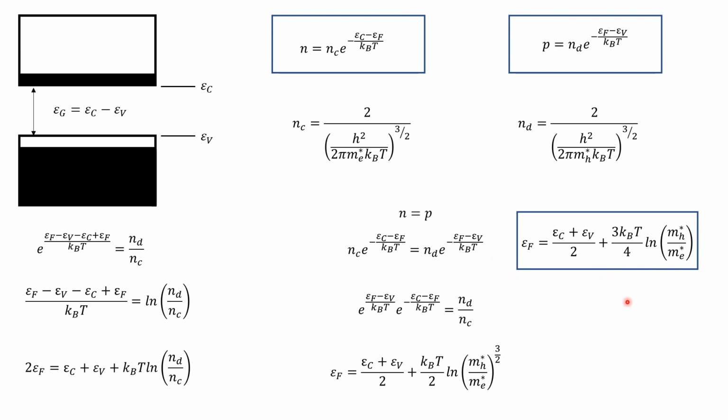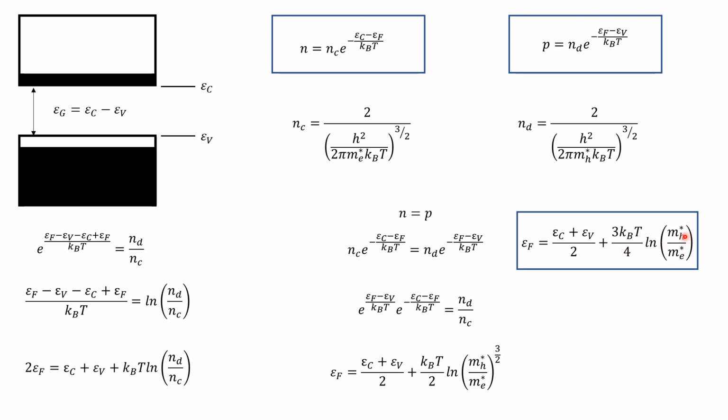and we get this expression for the Fermi level. Now we recall from the previous lecture that I mentioned that the effective mass of holes can be different from the effective mass of electrons because the interaction of electrons with the atomic structure depends on whether the electrons are in the conduction or in the valence band. But even though these two terms are usually different, they are sufficiently similar to allow us to dismiss the contribution of this term.